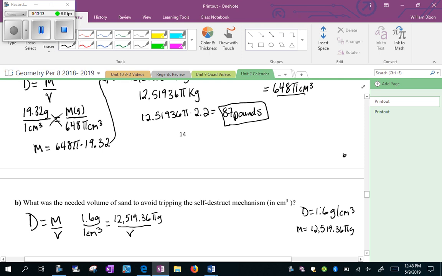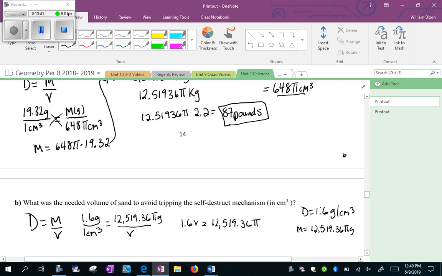Okay, so I'm going to cross multiply, and I'm going to get 1.6 V equals 12,519.36 pi.